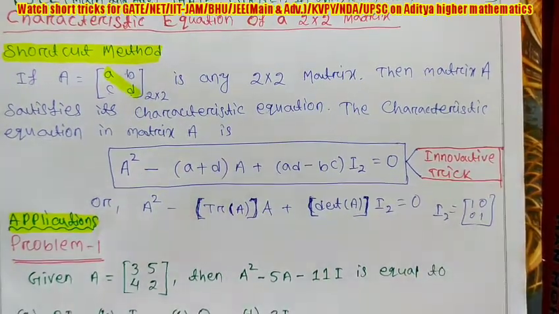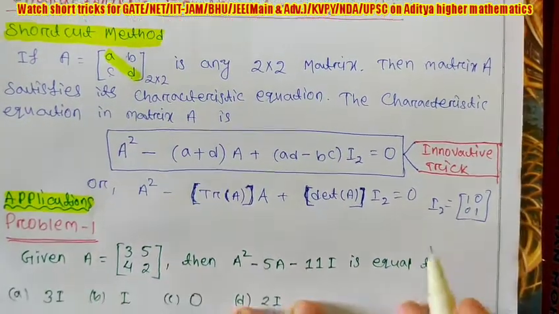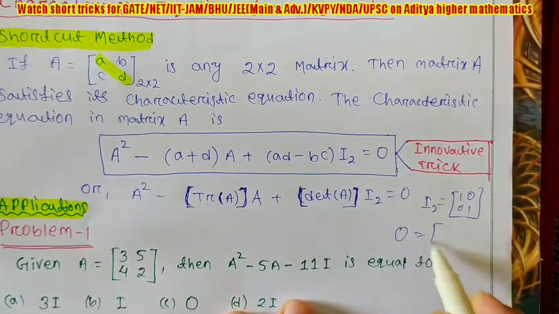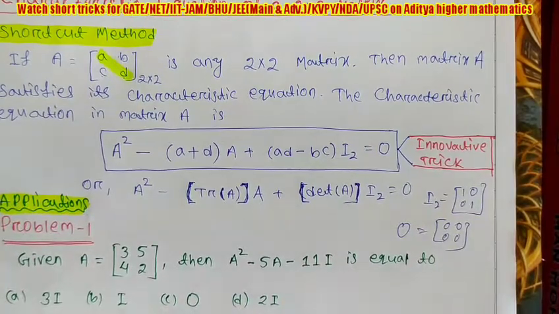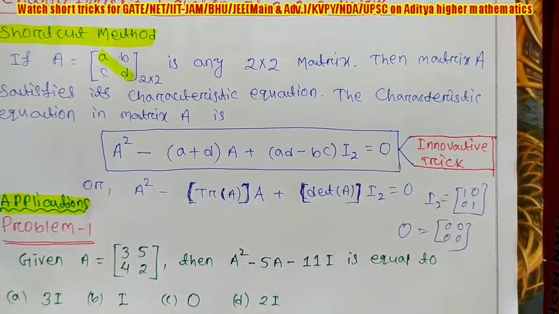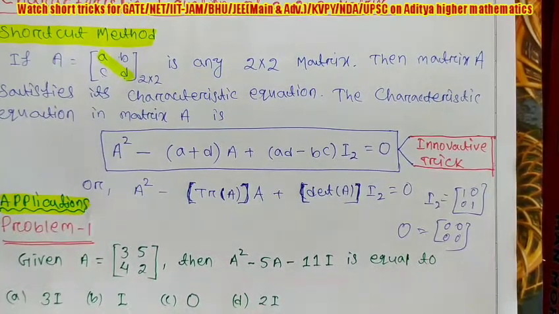That 0 is the zero matrix. Understood? It is not the number 0. It is the 2 by 2 zero matrix. Okay. So this is the characteristic equation of 2 by 2 matrices. Whatever question is given, you can directly write like this.